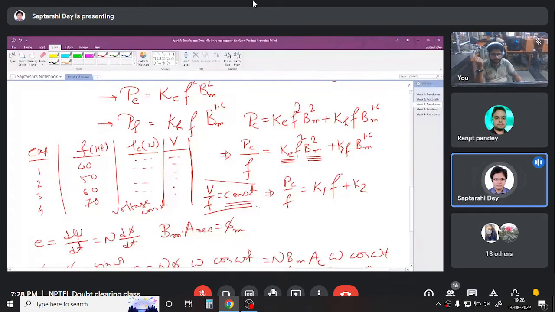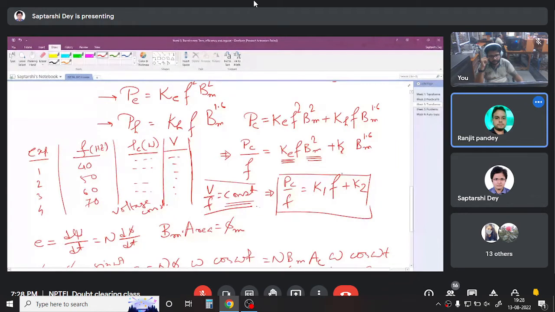We divide by F, so I mistakenly wrote the F here. So PC by F is Ke F Bm squared plus Kh Bm to the power 1.6.